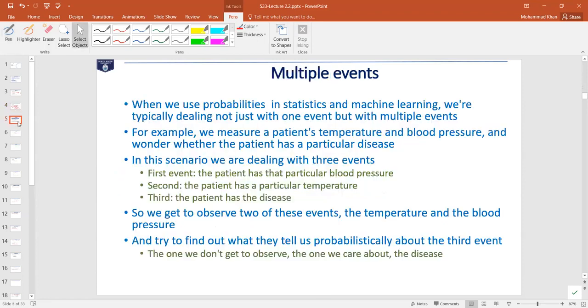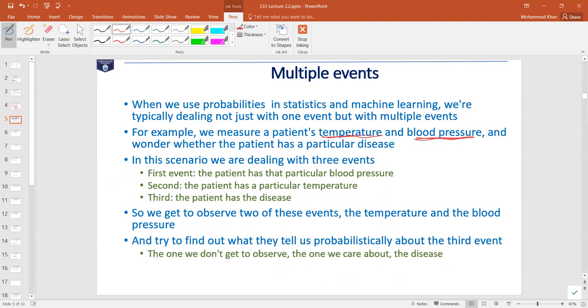Most often we are not interested really in one event. We are interested in multiple events. And in machine learning, basically we try to solve problems with multiple events. For example, a doctor may see a patient, and the doctor is taking the patient's temperature and blood pressure.